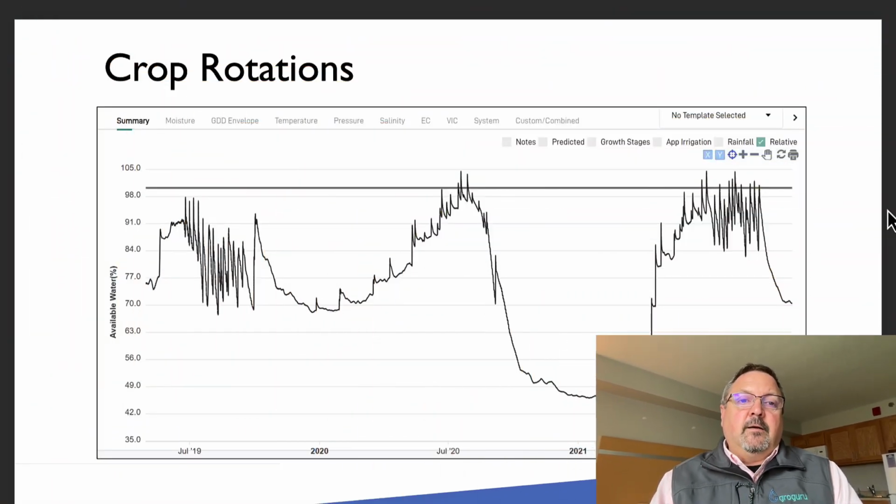So when we're looking at long-term, multi-year data, we start seeing things that pop out to us as, wow, that's something that we've got to look for. That's something that we need to pay attention to. That's something that we can learn from. So let's take a look at this long-term data here.